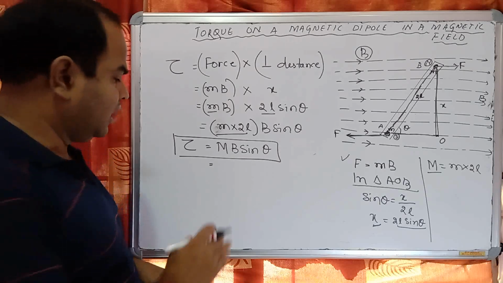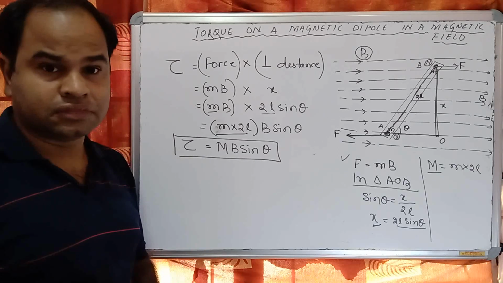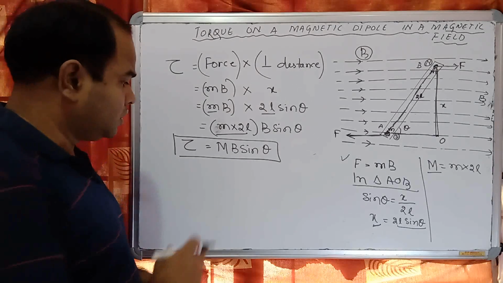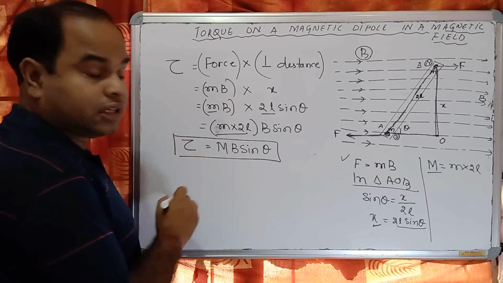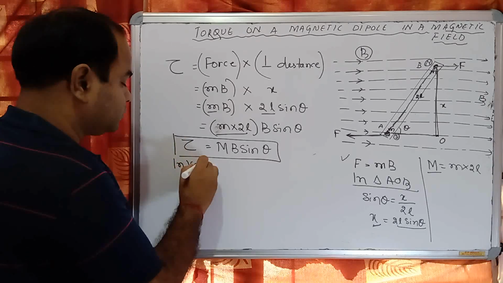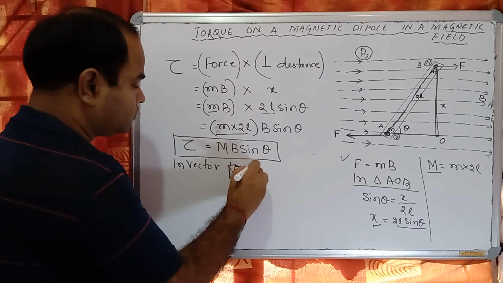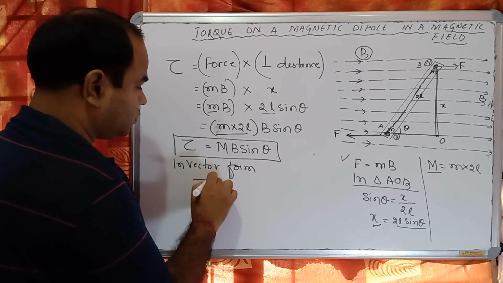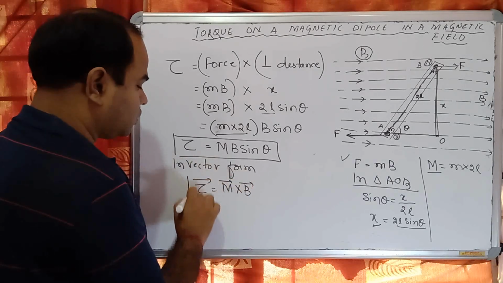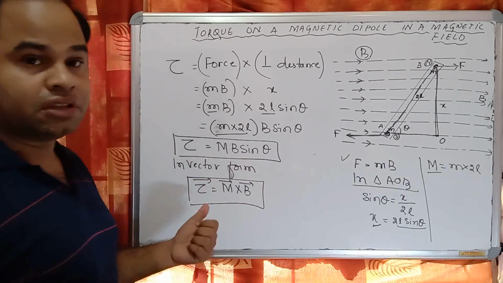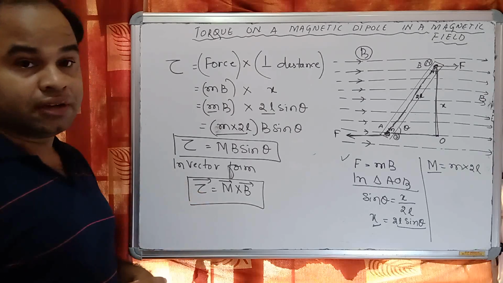And we know that A cross B is AB sin theta. Since we have MB sin theta, we can write this torque in vector form. Torque is equal to M cross B. So this is the vector form of torque acting on a magnetic dipole in a magnetic field.